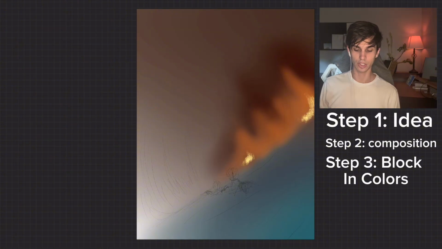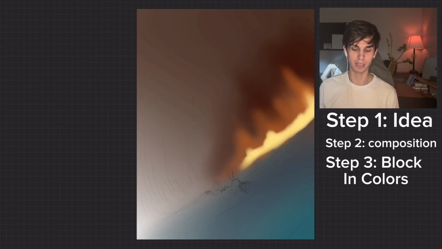And I like turning the water diagonally, because it gives this sense of instability and chaos versus if it was just straight up horizontal. At least that's how I see it.